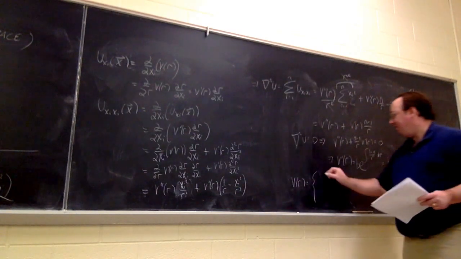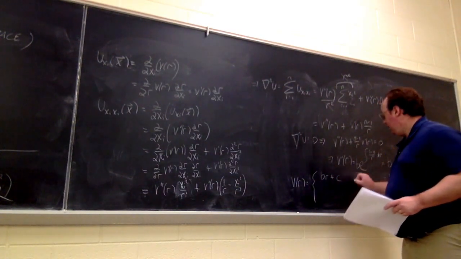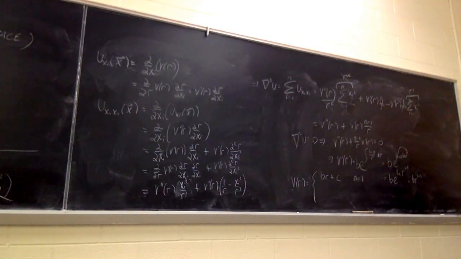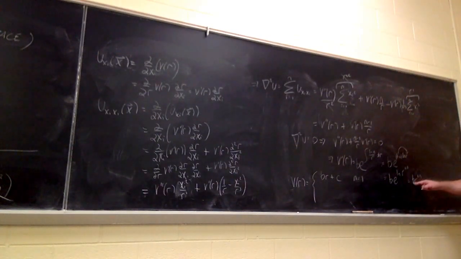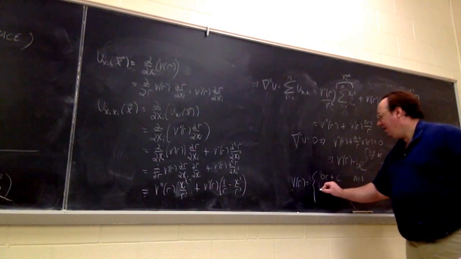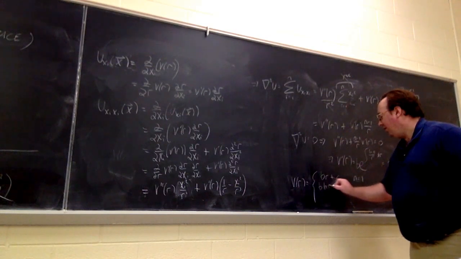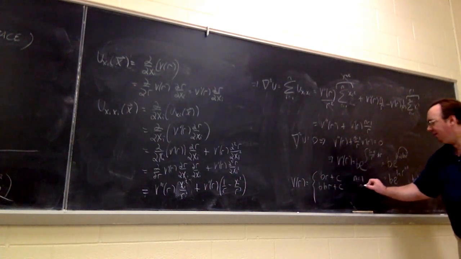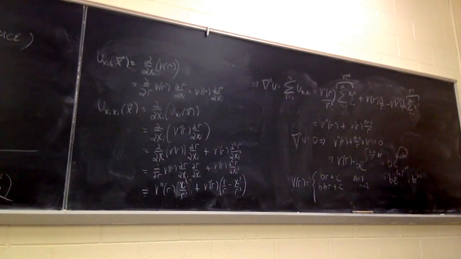So we have a linear function for v. If n is equal to 2, we have b times r to the minus 1. So that's b integrated, natural log of r plus a constant. And if n is greater than 2, then you're using the power rule.